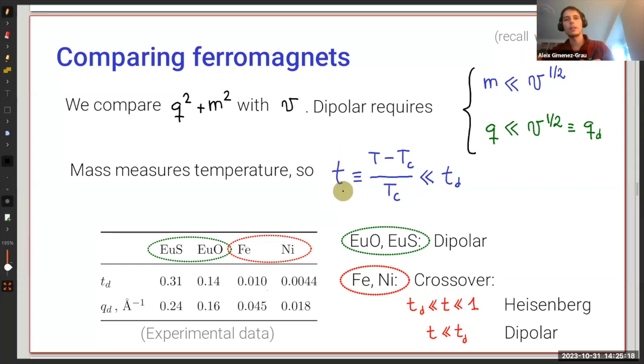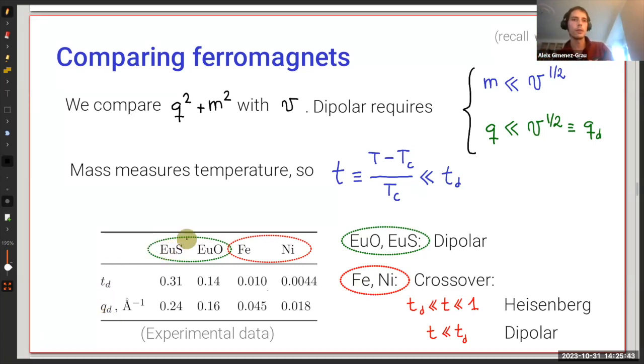So you can translate this into a reduced temperature criterion: having a reduced temperature t which is much smaller than some T_D, the dipolar temperature, which depends on each material. Is this idea clear? For instance, here I'm showing different materials, and what T_D and Q_D are.